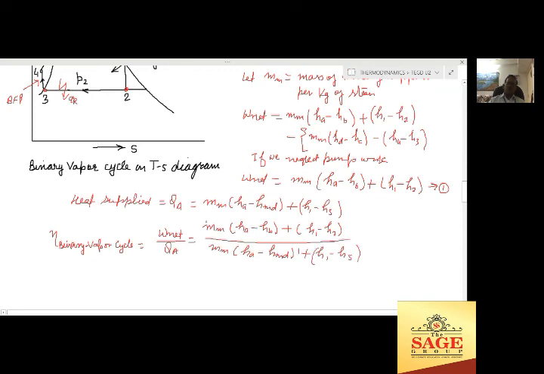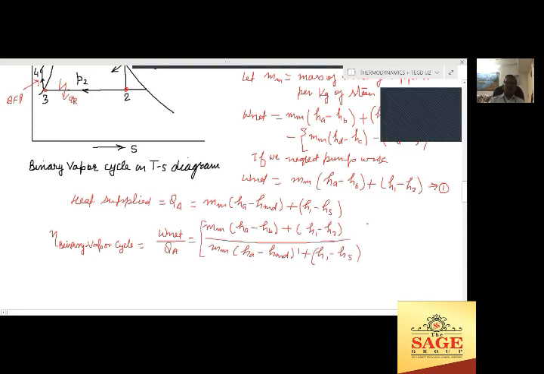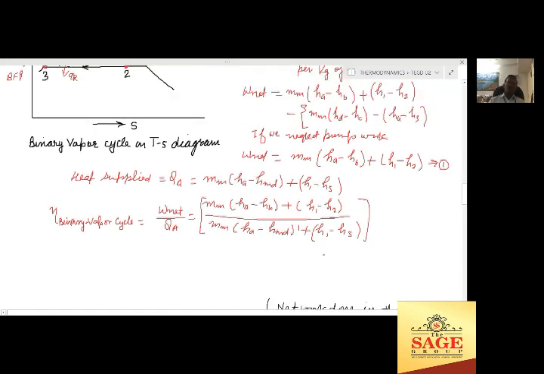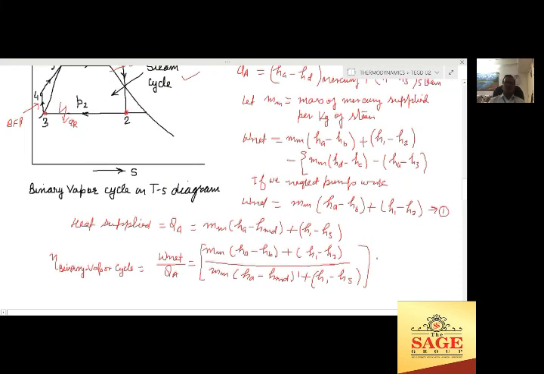So this is the expression for the efficiency of the binary vapor cycle. In this way, we can find the efficiency of the binary vapor cycle. Thank you.